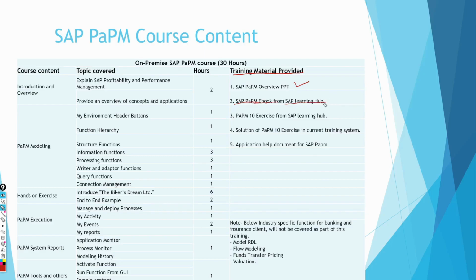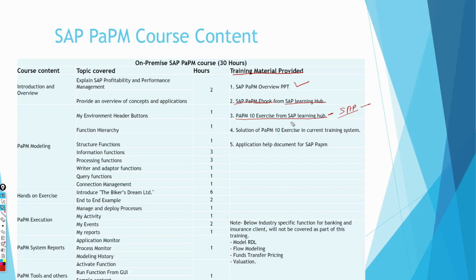Then there is a PAPM 10 exercise from SAP Learning Hub. This is also not a public document. It is an exercise document from Learning Hub, and it has the exercise and the solution, but the solution is in the SAP Learning Hub system.